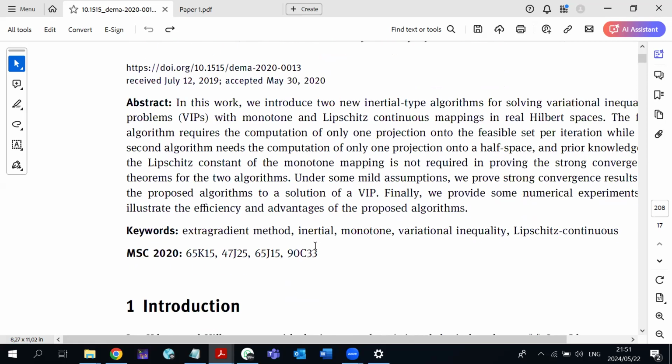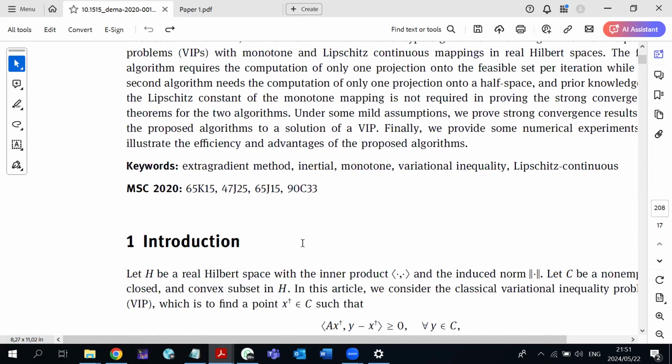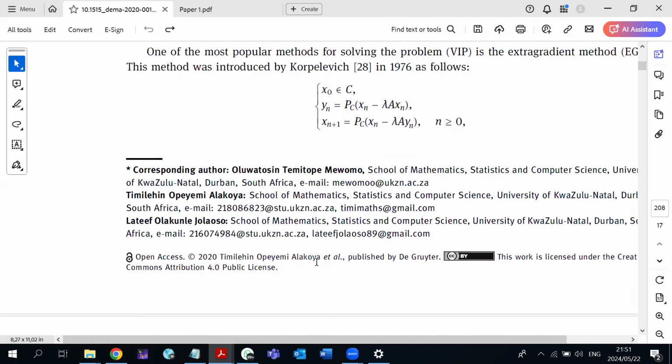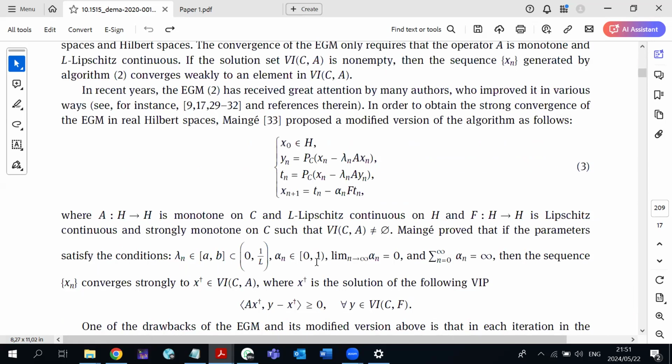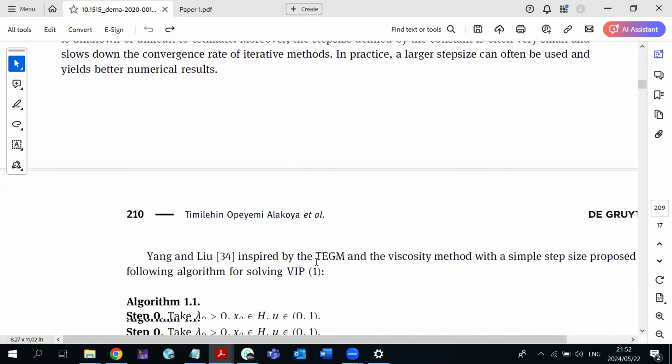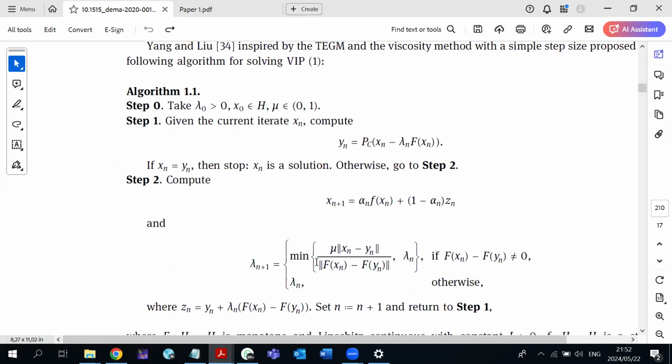So the fourth algorithm, let me just move to the algorithm they use. The fourth algorithm here needs the computation of only one projection onto the feasible set C per iteration. So here in this algorithm, they use double inertia.